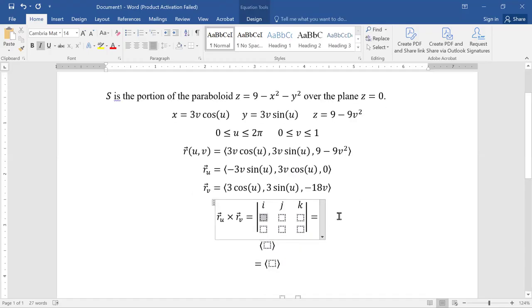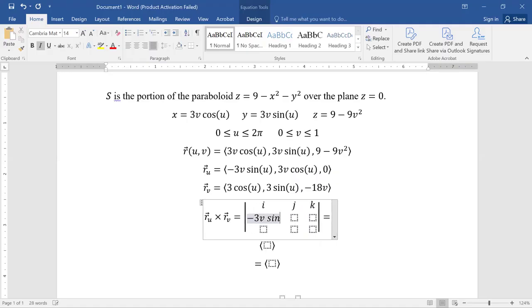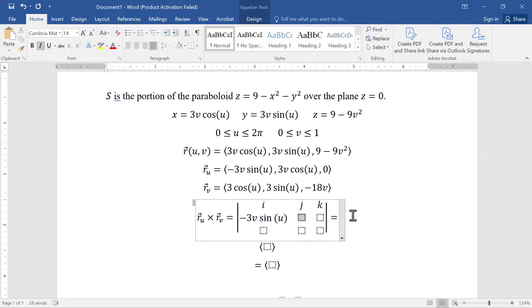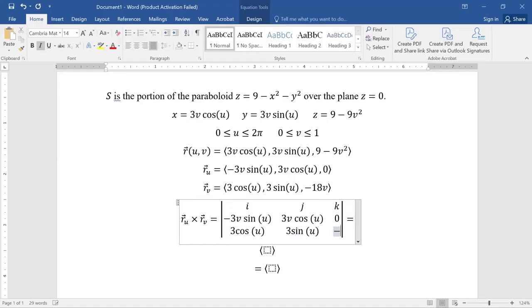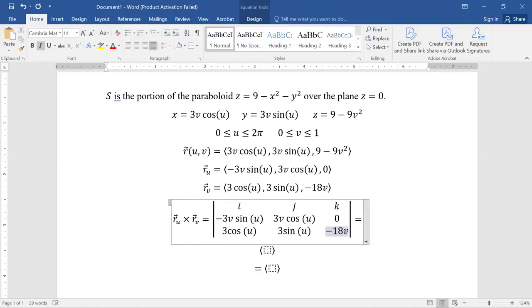Now I do the cross product. So I put in negative 3v times sine of u, 3v times cosine of u, and 0 into row 2. And into row 3, it is 3 cosine of u, 3 times sine of u, and then negative 18v.